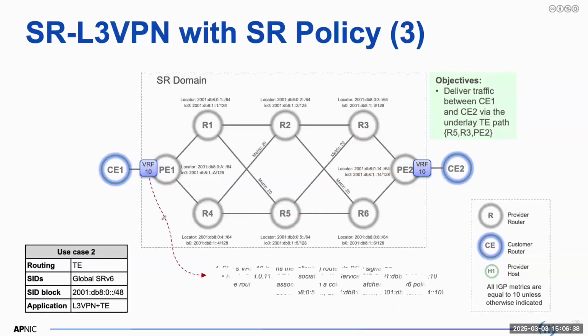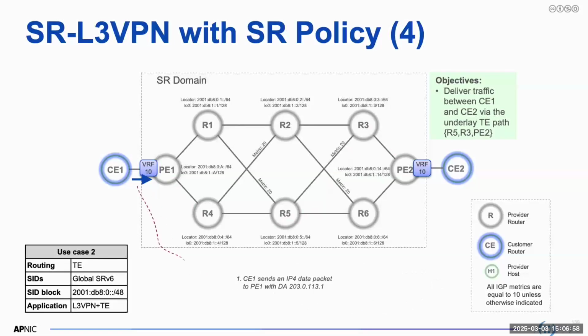When the traffic comes in to P1, it will attach the IPv6 addresses for R4, R5, and R3. So you can see here the first address, the next address, and then the next address.